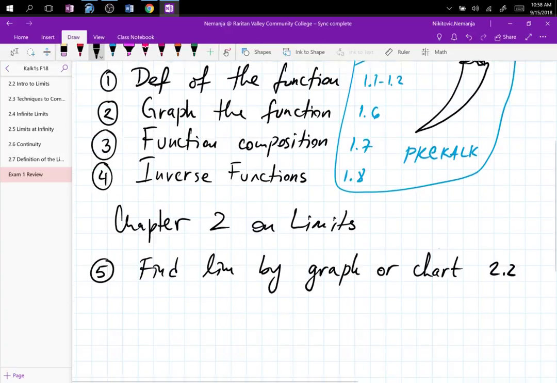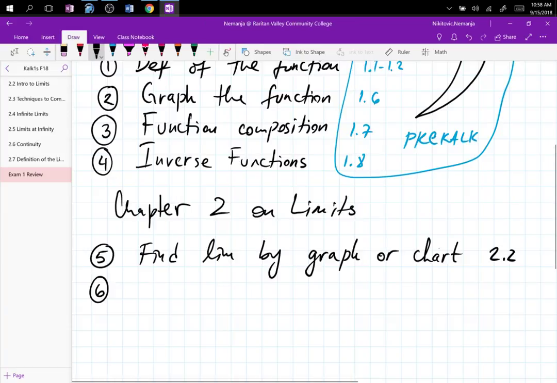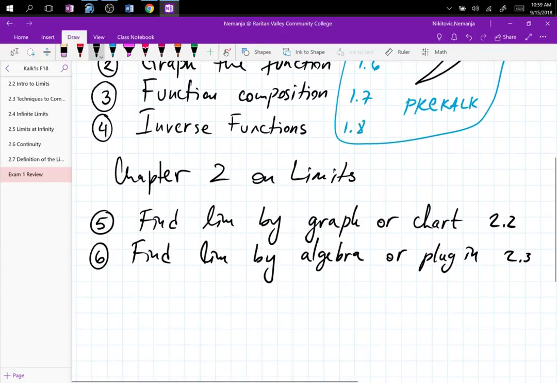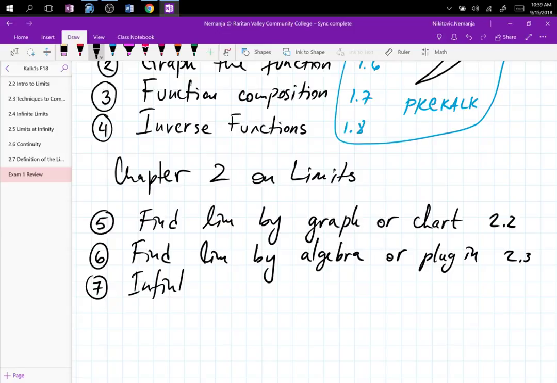That's 2.2. 6. Find limit by algebra or plug-in when you can. 2.3. 7. Infinite limits plus vertical asymptote.